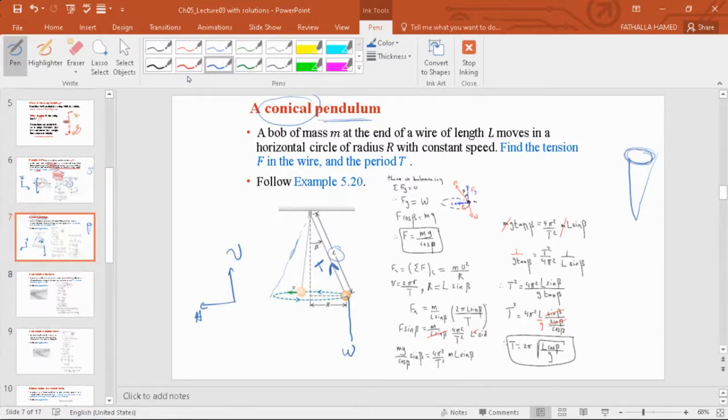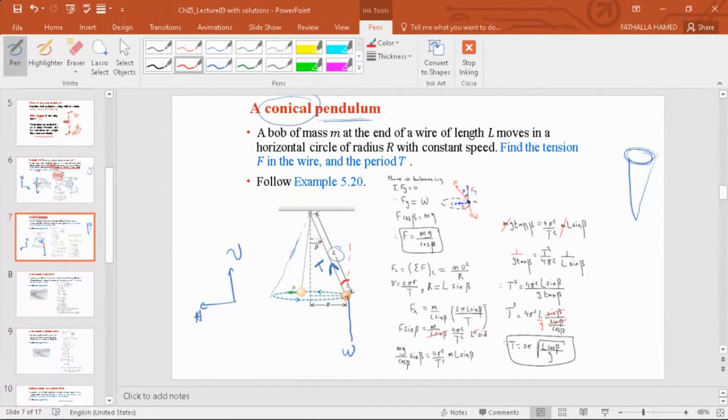So the vertical will be this way. So the weight will be along the vertical. The tension makes an angle here. So it will have a horizontal component and a vertical component.